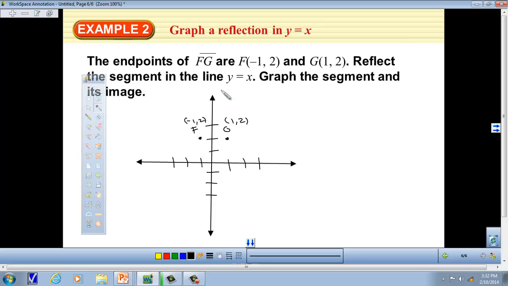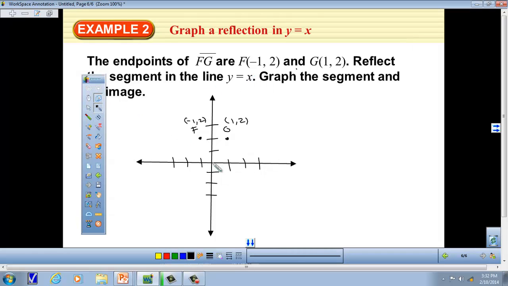So first we have to look at graphing this line right here, which I'm going to graph right now. The line y equals x is the line where every x value and every y value is equal.